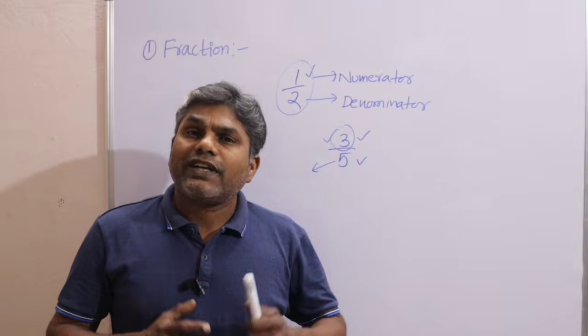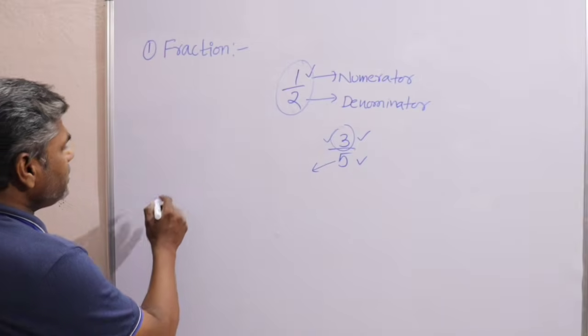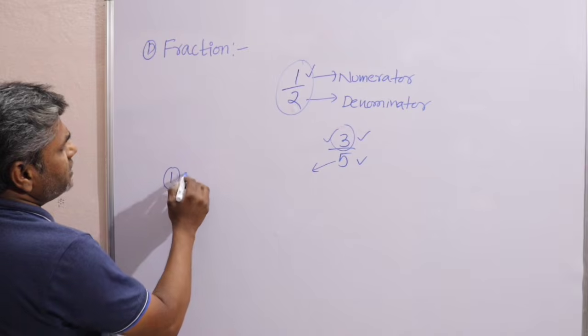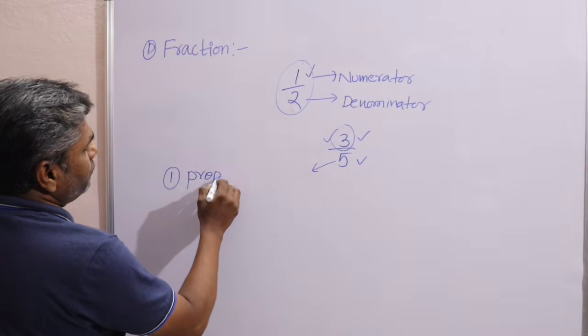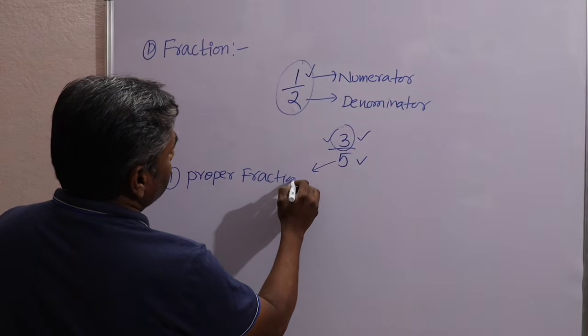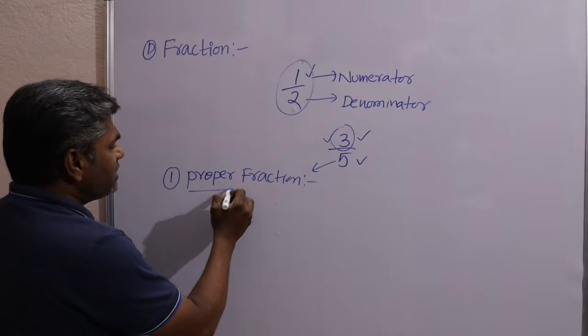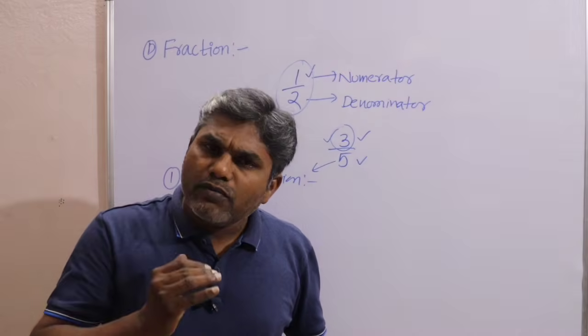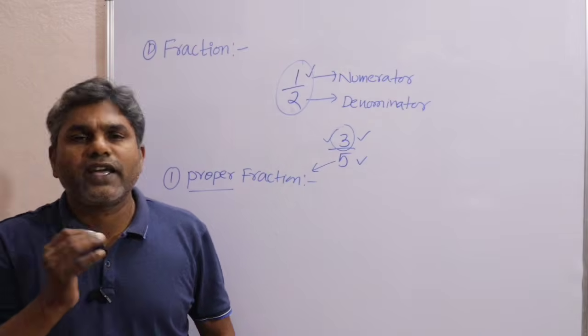Now we will discuss types of fractions. The first one is proper fraction. The name itself is saying proper. Proper means an order from lower number to higher number.